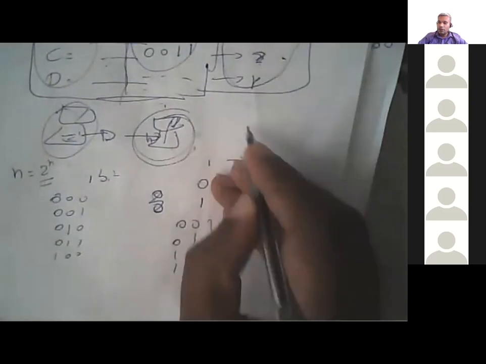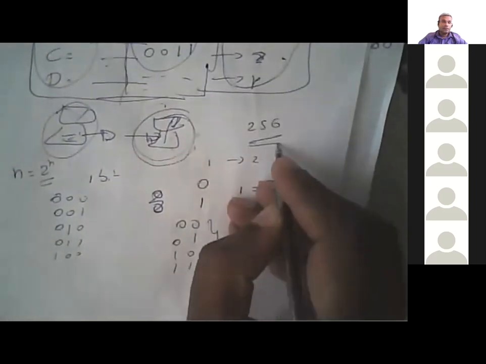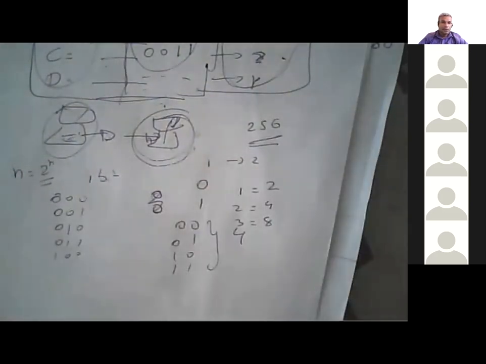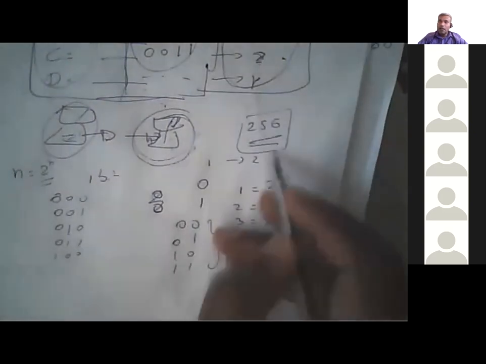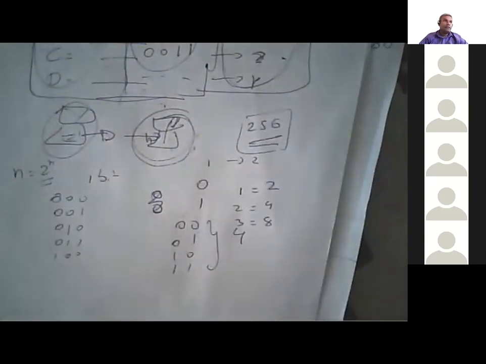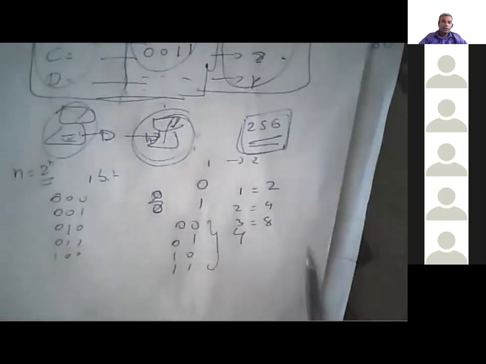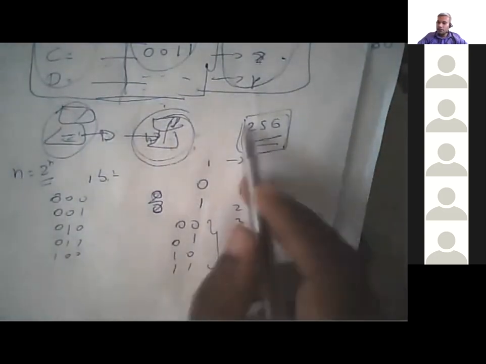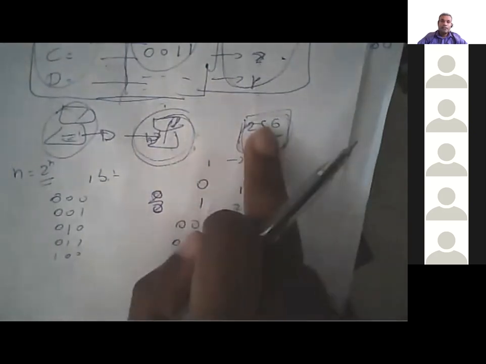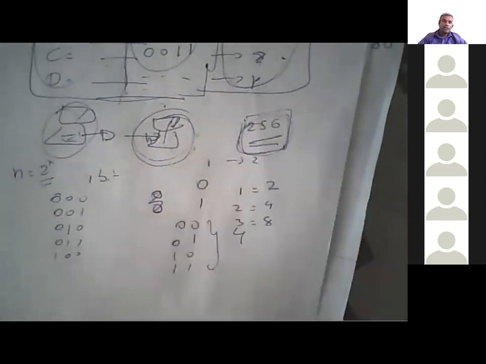In other words, 256 patterns. Right? Here someone is saying 2 to the power 7, but it should be 2 to the power 8. There was an ASCII standard with 7 bits, but it was changed several years later into an 8-bit standard. Right? So now you have 256 characters represented using ASCII.